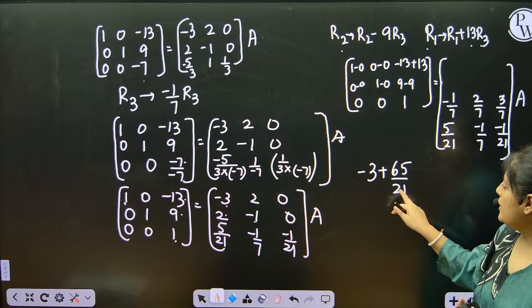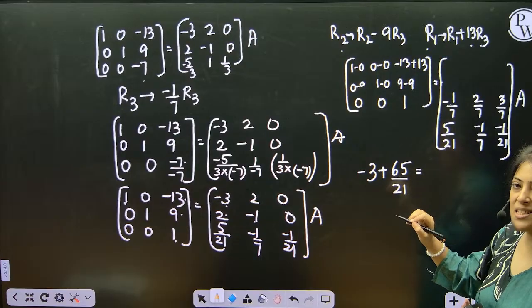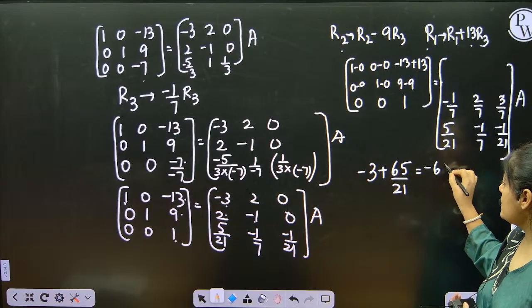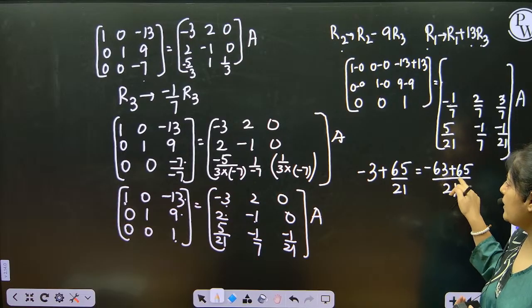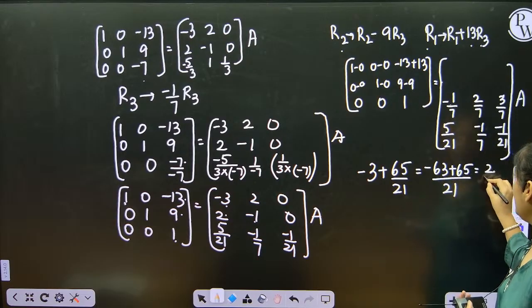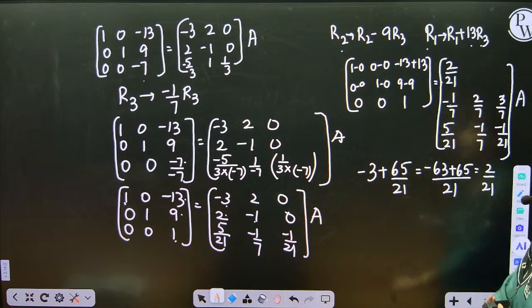Now 21 threes are 63. Minus 63 plus 65 divided by 21, what will it become? 2 by 21. So write this again, 2 by 21.